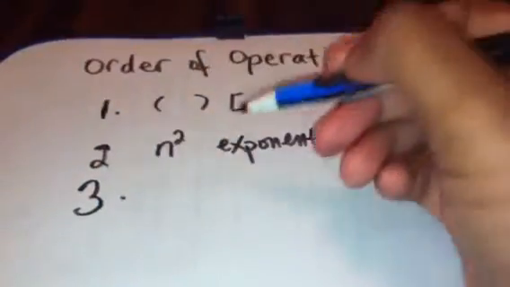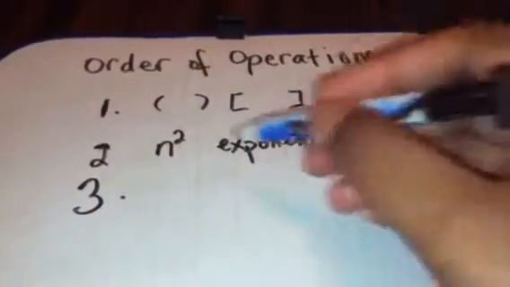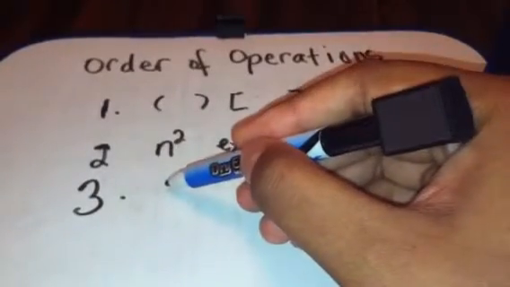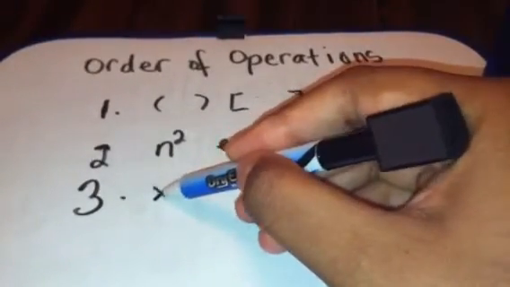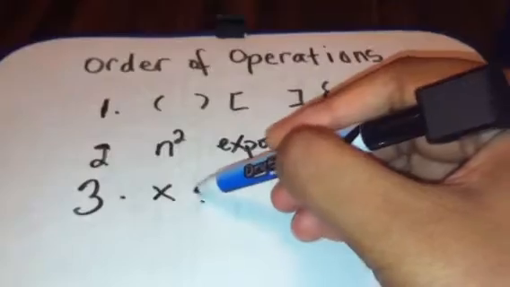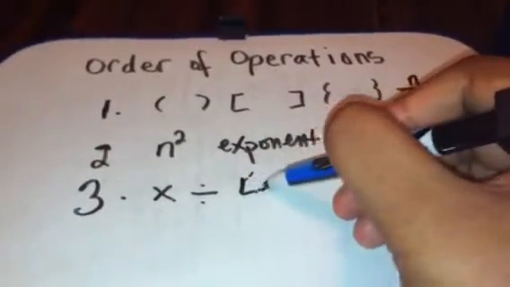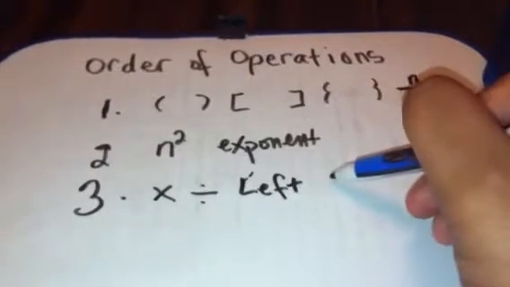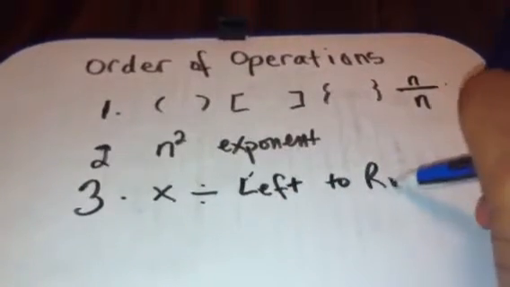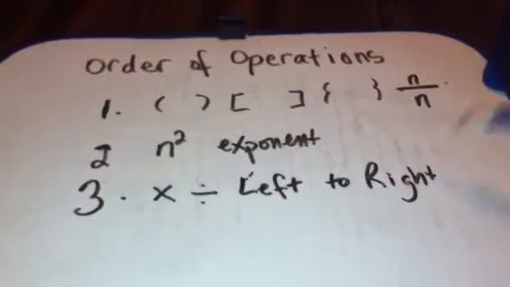Okay, and number 3, multiply or divide in order from left to right. So, multiplication and division. And the key to this is left to right.